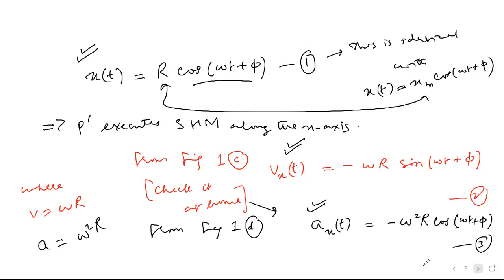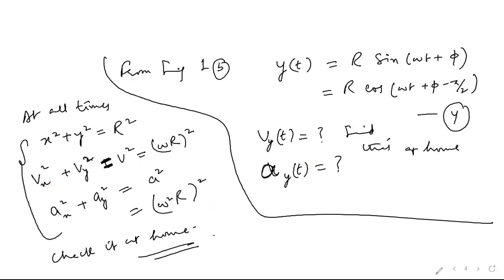Second thing is, as we saw and justified, that two simple harmonic motions correspond to a uniform circular motion.